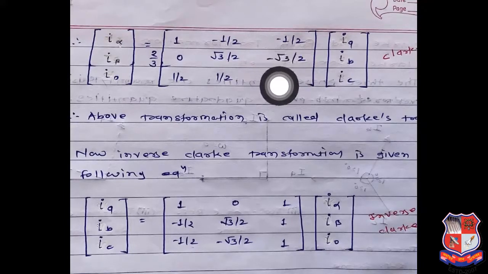So simply write this column vector as a row vector, like 1 0, and all the 1 half are replaced by 1. So simply 1 0 1, minus 1 half root 3 by 2 1, minus 1 half minus root 3 by 2 1. So this is called inverse Clarke transformation.